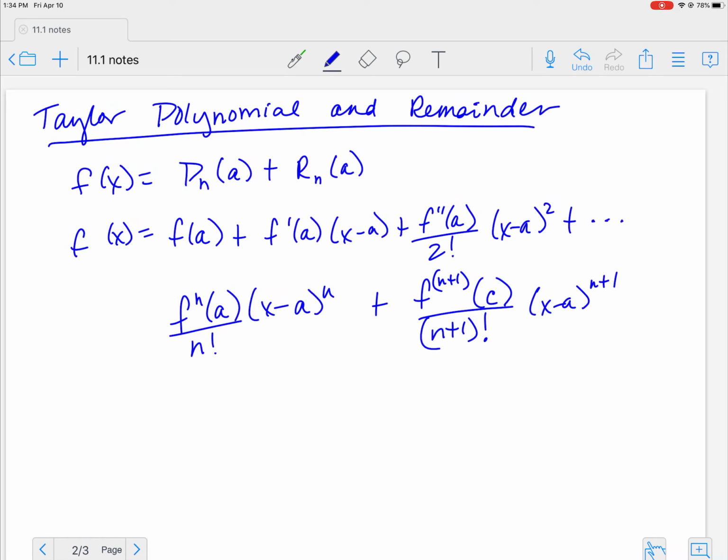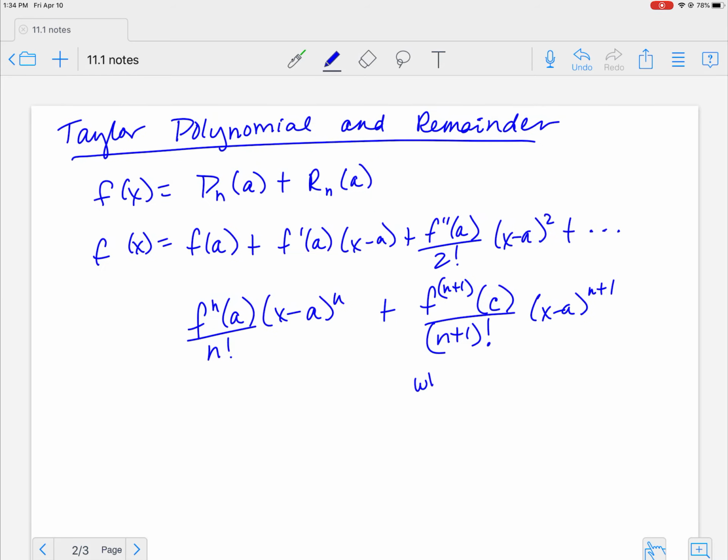Now here's the deal. Because I'm introducing this c, I have to define it. So this is where c is some number between a and x. All right, so you define c.